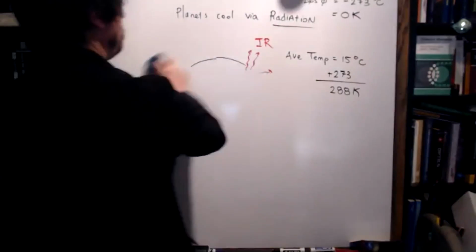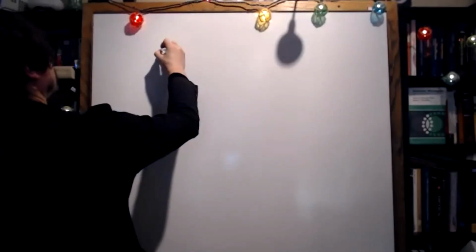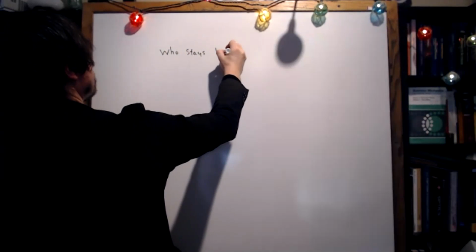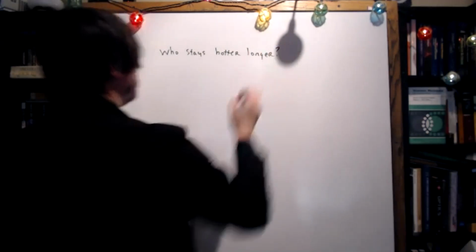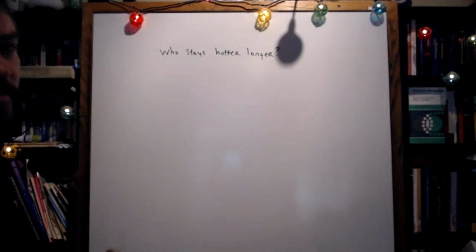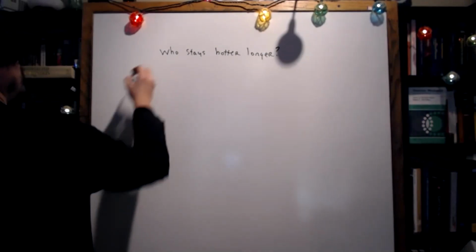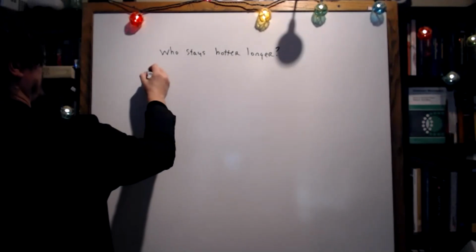Okay. Let's answer the question: who stays hotter longer, bigger or smaller planets? The answer to this question has to do with something that the book calls the surface area to volume ratio, but I'm doing it a different way.